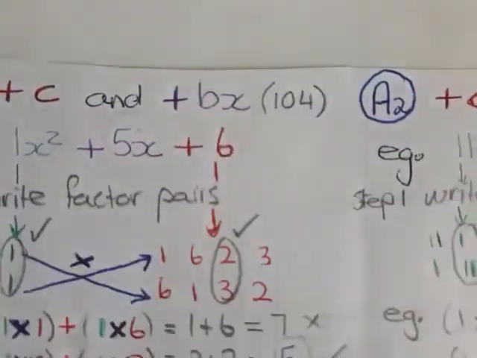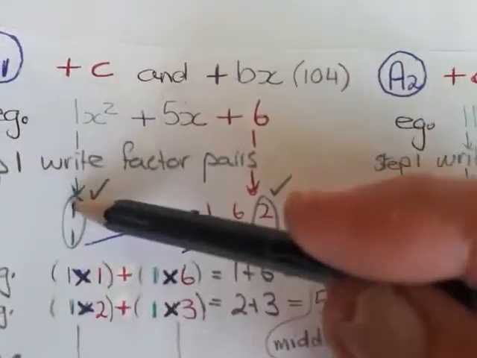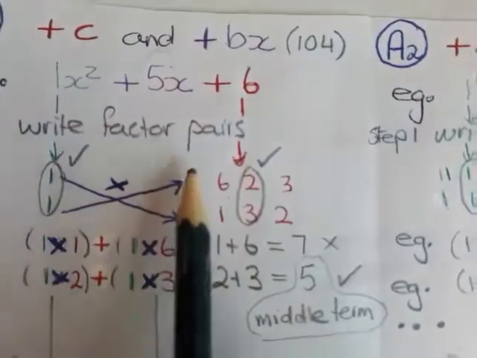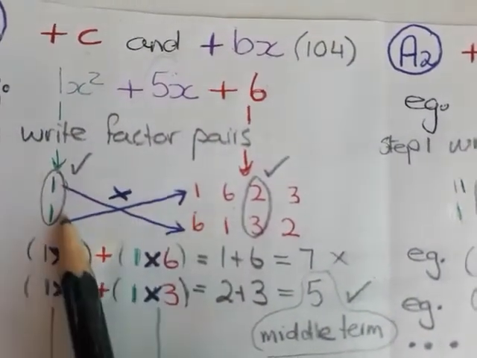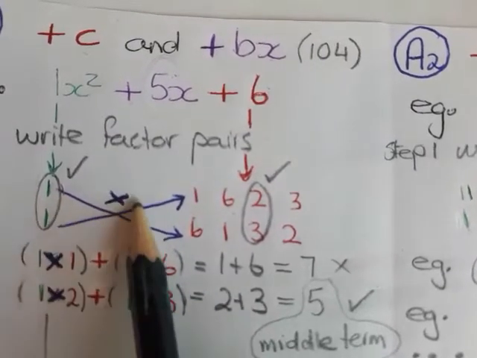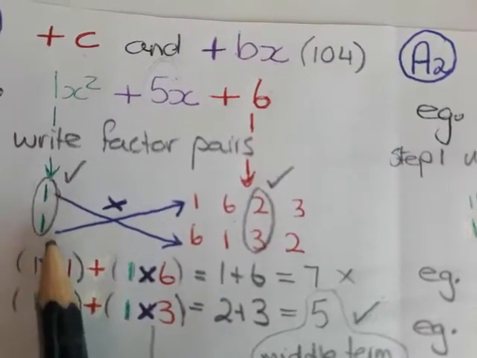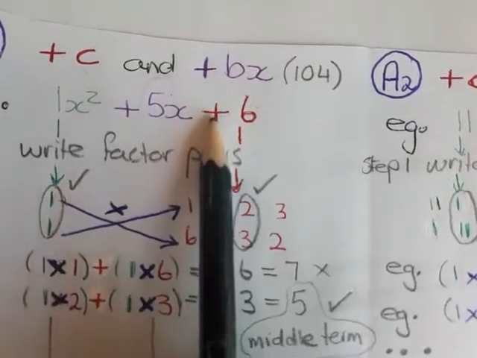So what I have done here, I have started with my first factor pair. Then I will multiply that by the second factor pair, and it's a cross multiplication. So here I will multiply 1 times 1, which is my first bracket, 1 times 1. And in this case, it's plus because it's a plus term.